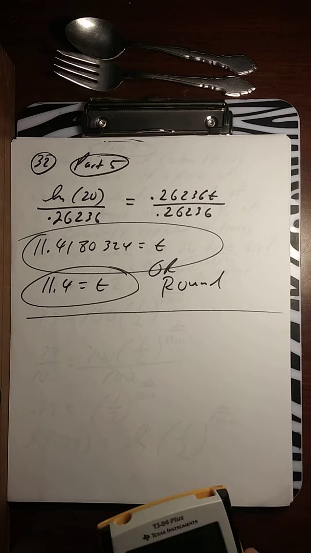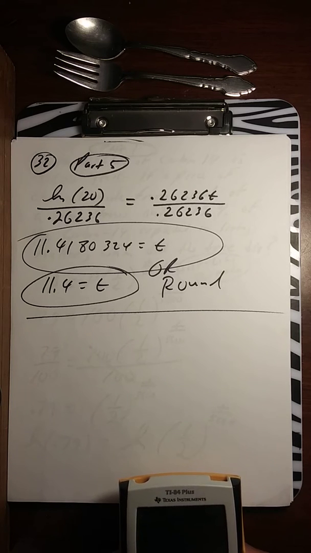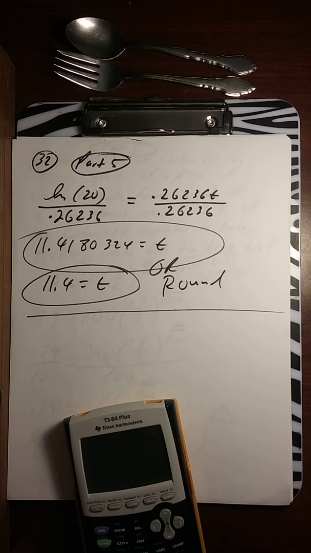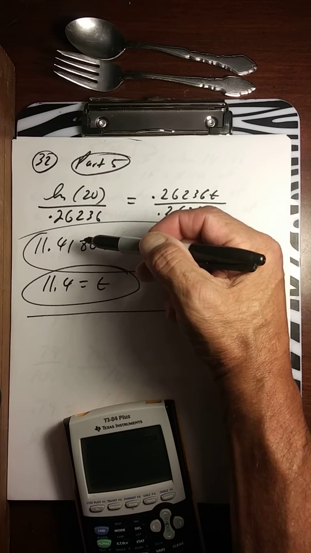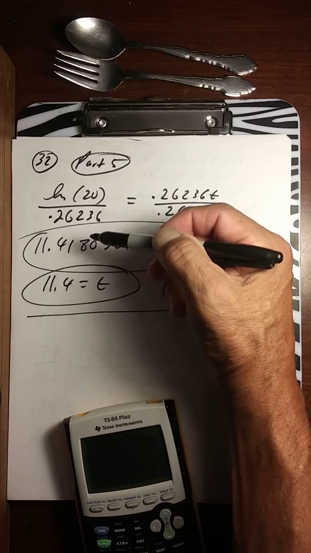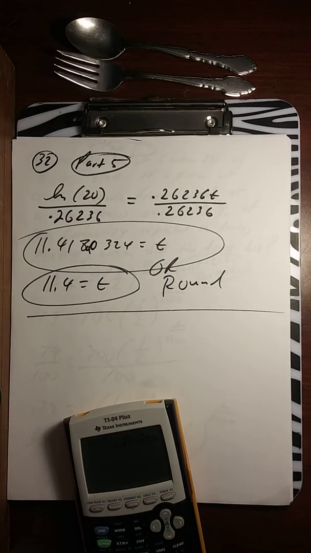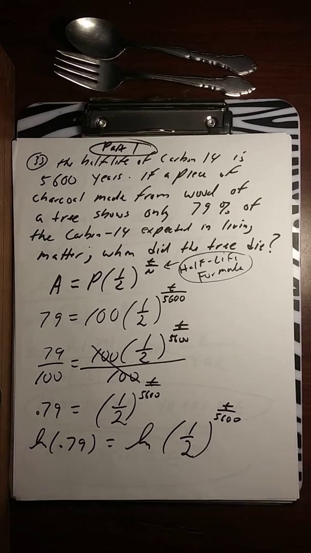Let me check this number again. 0.26236 divided by... 11.41840. There's a 4 missing right here. 40. Okay, now I got it for this machine. Okay, good enough.